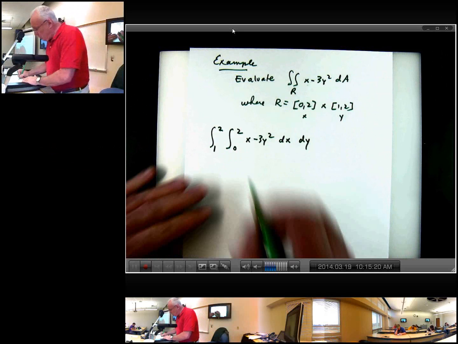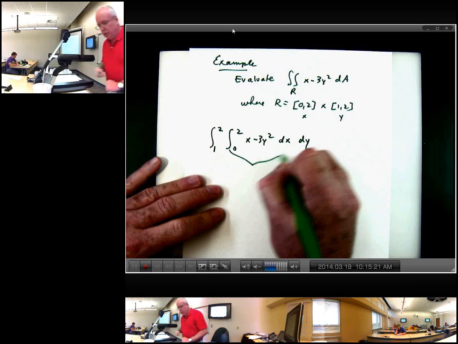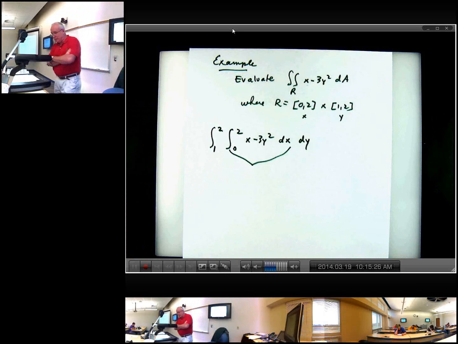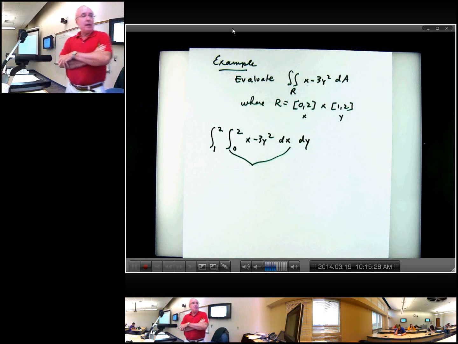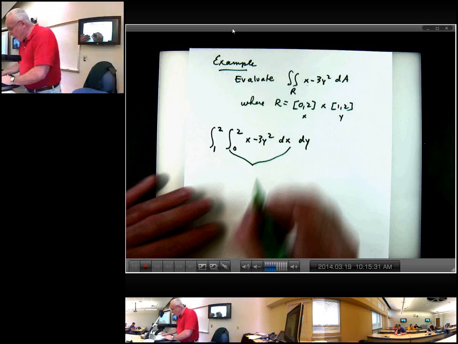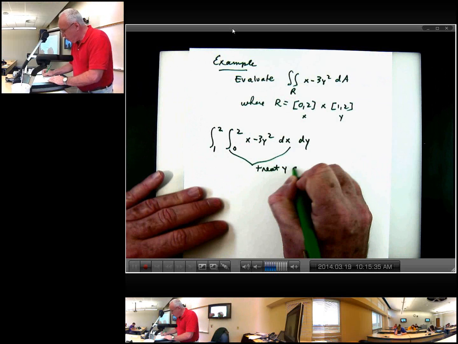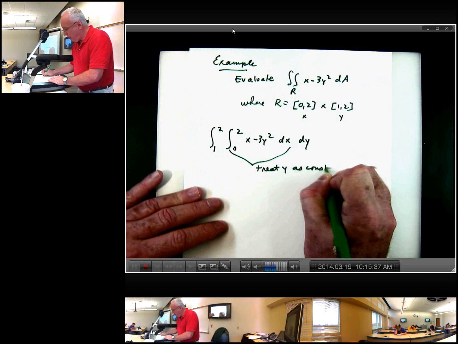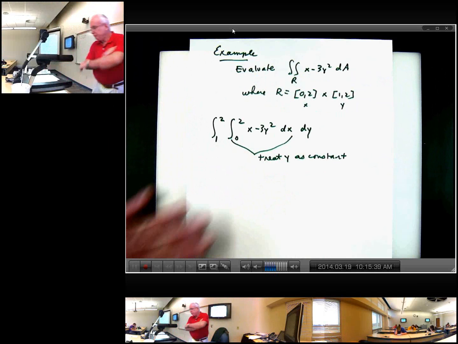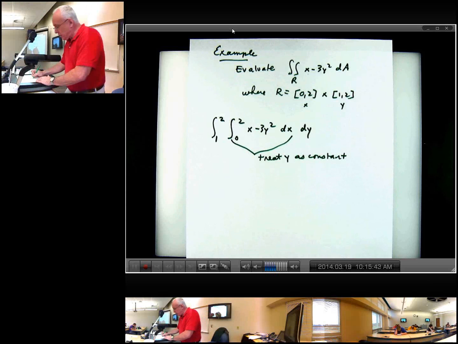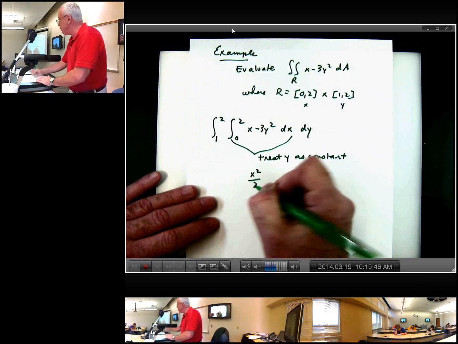All right, so we're going to go from the inside out. So we're going to start with that inside integral with respect to x. So with respect to x, we're going to treat y as a constant. All right. So the first term is x. Well, the antiderivative of that is just going to be x squared over 2.